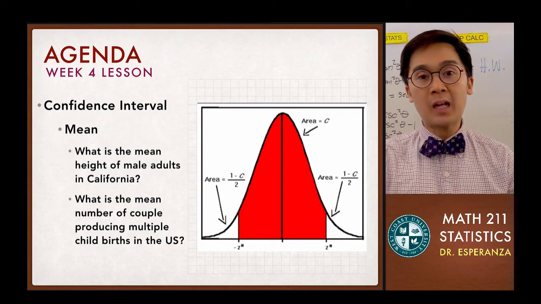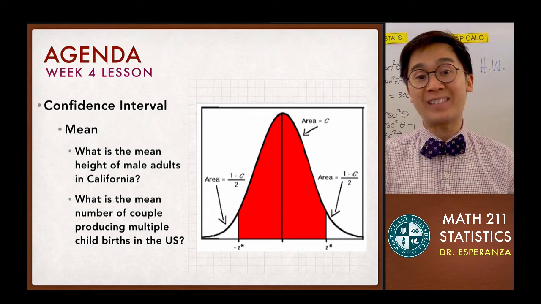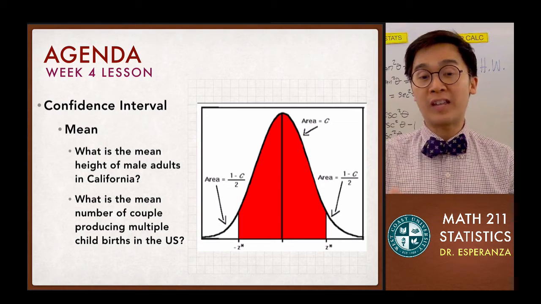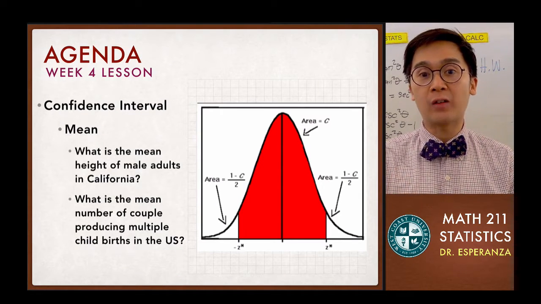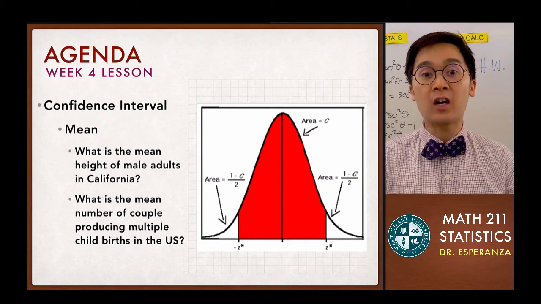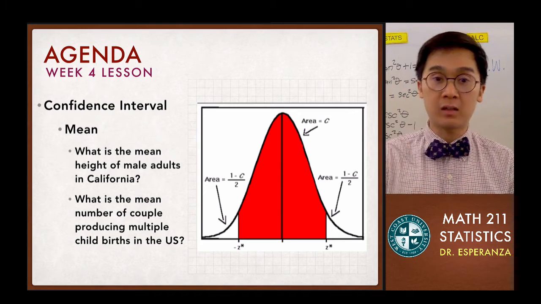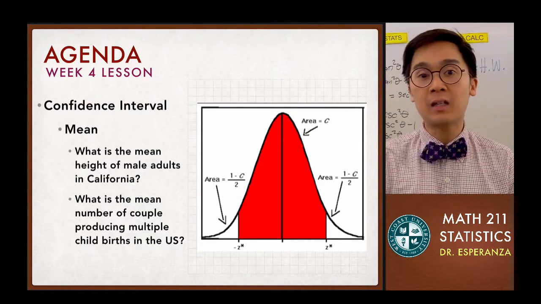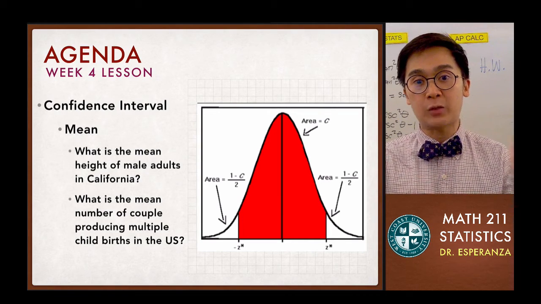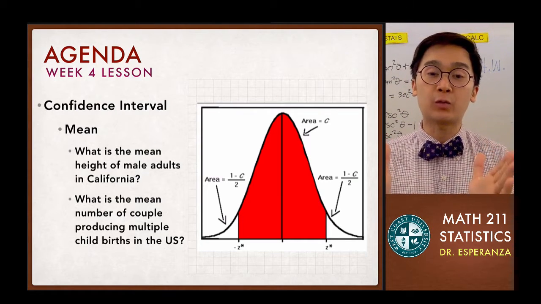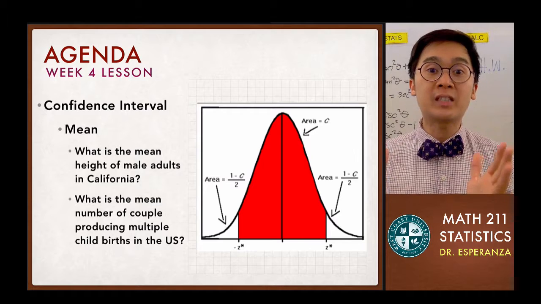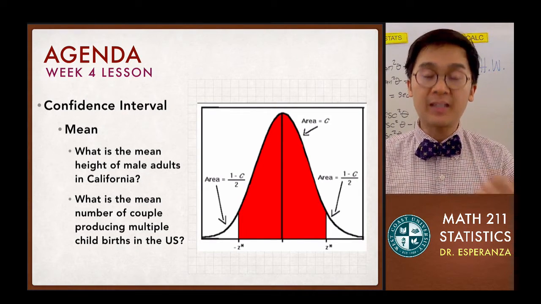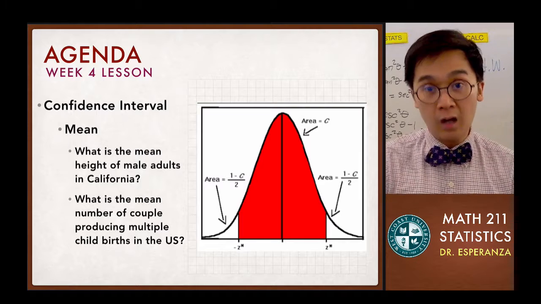So we're not going to be able to find or compute the census of these male adults if we are going to figure out the average height of all adults or male adults in the United States, but we can come up with a statistical method on how to estimate a range of values that we could use that would describe the entire population of California, in this case, the height of adult male in California.